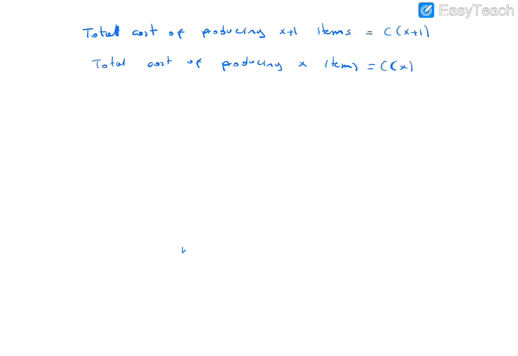So the exact cost of producing the x plus first item is the increment in cost, so C of x plus 1 minus C of x.